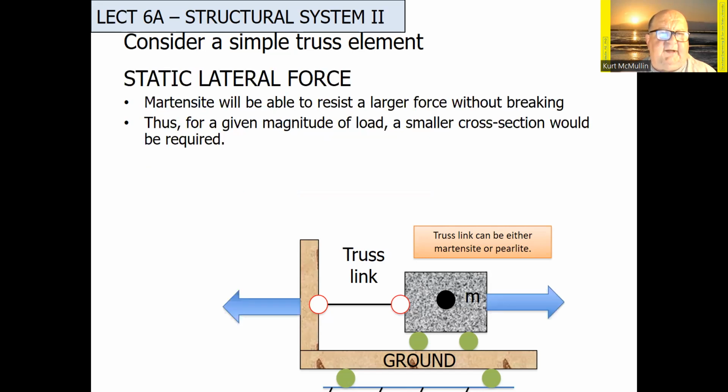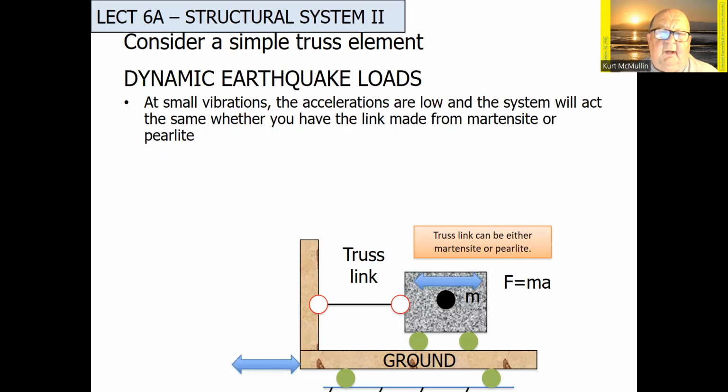Well, if we think about a static lateral force pulling on that truss link, if we use martensite, it's typically a much stronger steel, so it's going to be able to resist a much larger static force, or for a certain level of load, we'd be able to use a smaller cross section. But earthquakes aren't static loads.